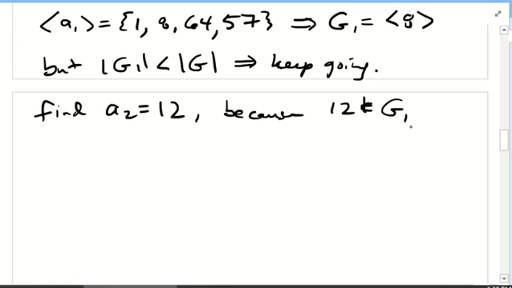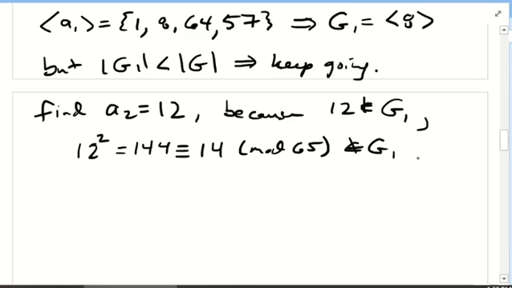Okay, and 12 squared is 144, which is congruent to 14 mod 65. Is that right? Okay, maybe. Okay, that is not in G1. Okay, that's 12.